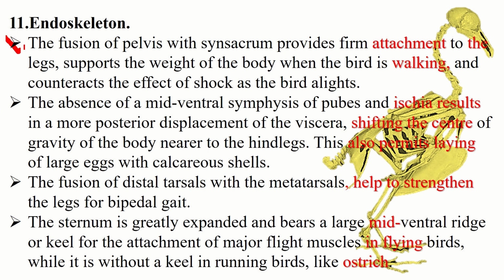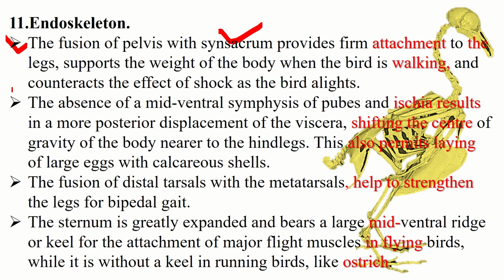The fusion of the pelvis with the synsacrum provides firm attachment to the legs, supports the weight of the body when the bird is walking, and counteracts the effect of shock as the bird alights.